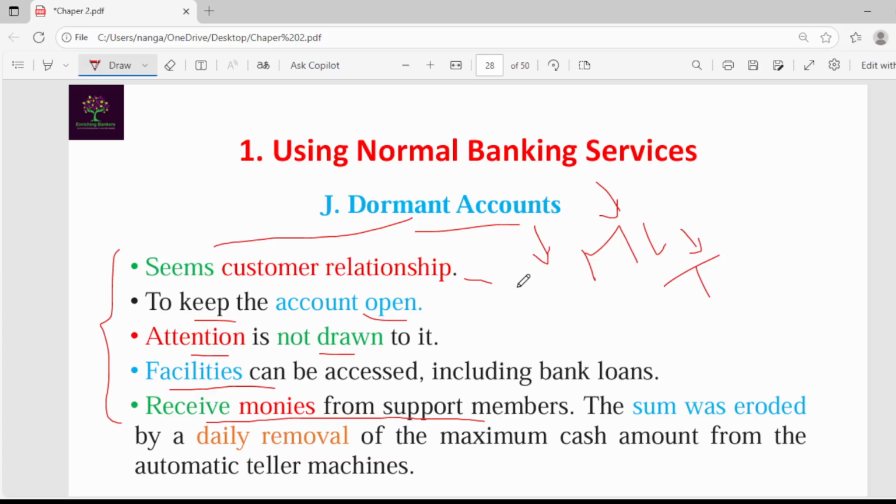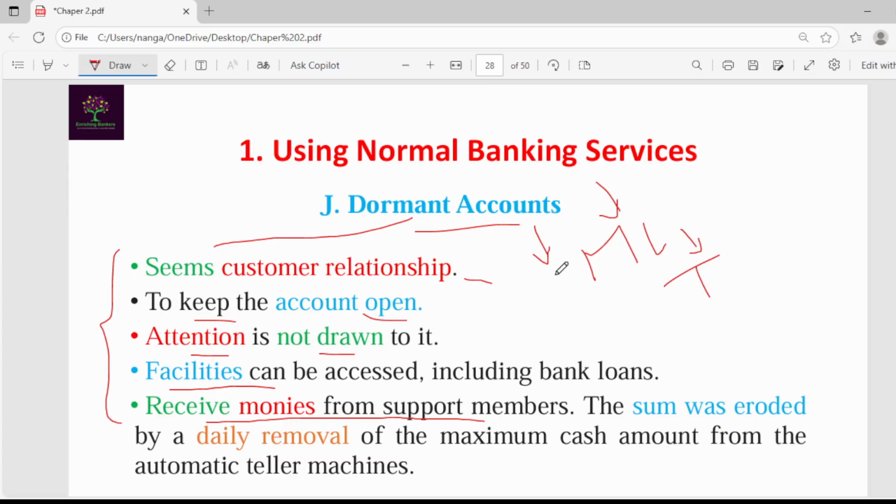So it does not draw anybody's attention, because that account is not used regularly. That is the advantage given by this account to the money launderers and terrorists.